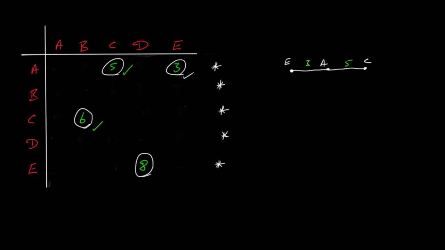We have C to B here, so C to B, that'll go out this way, so let's put B out here, and that has a weight of 6. And finally we have E to D, that's going to come out this way, E to D, and that has a weight of 8.